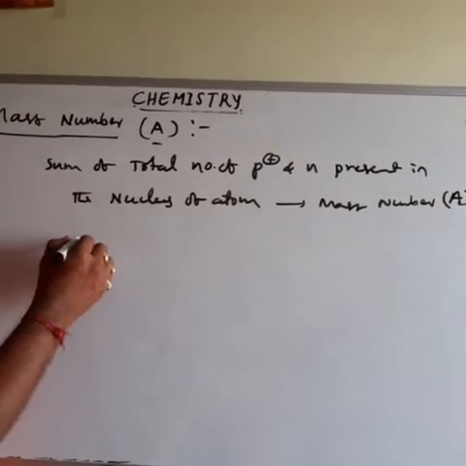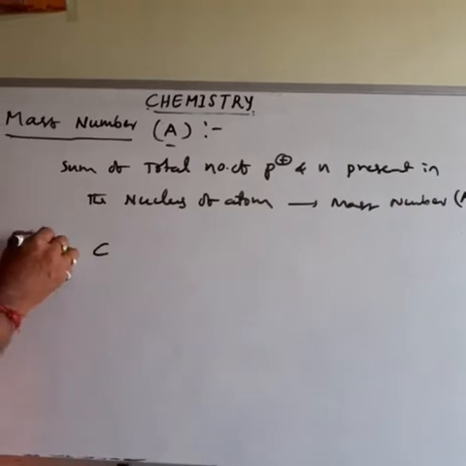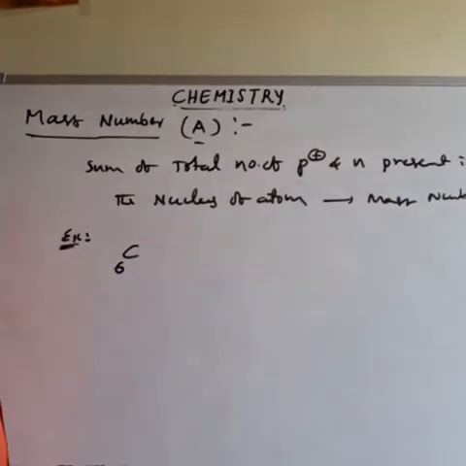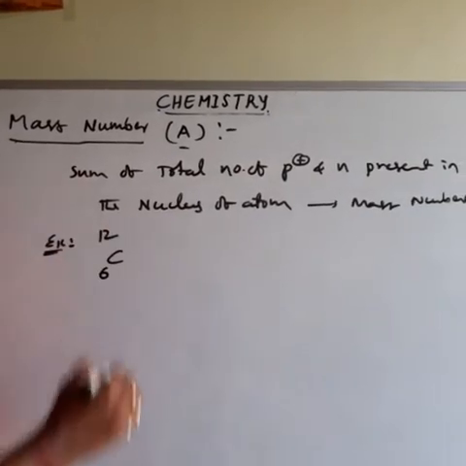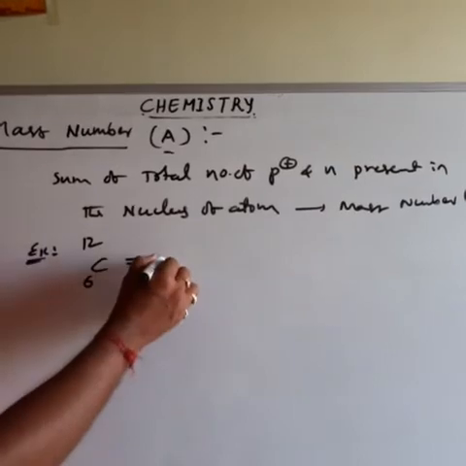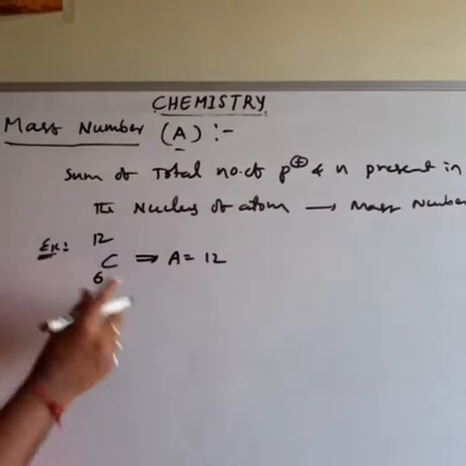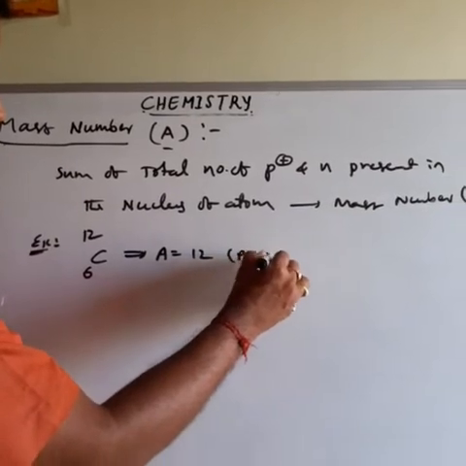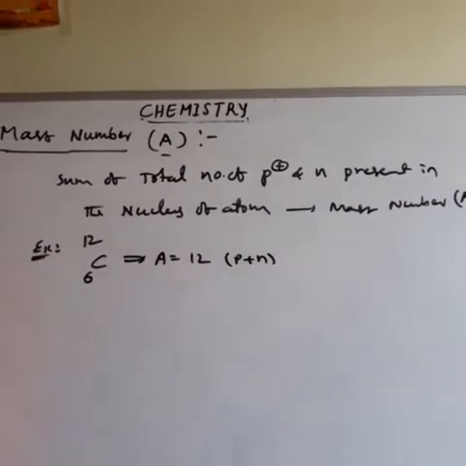See here, for example, carbon: atomic number 6, mass number 12. Mass number 12 means here A is equal to 12, so the total number of protons and neutrons is equal to 12.